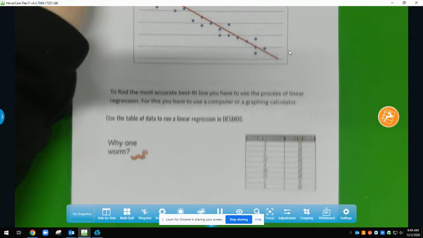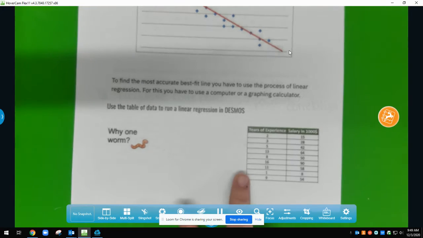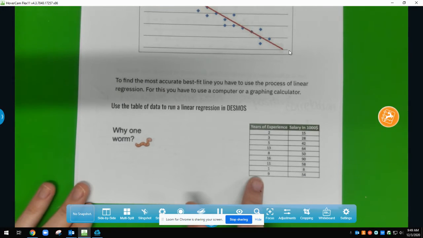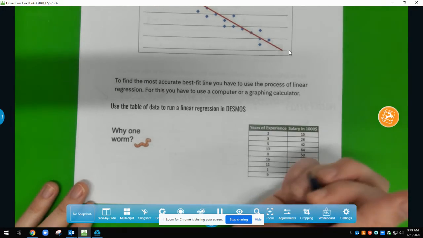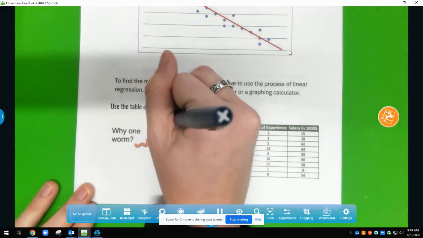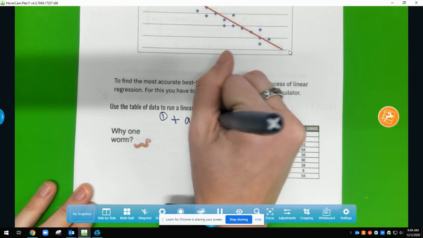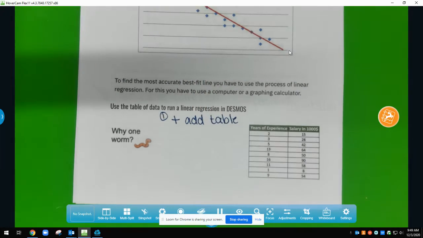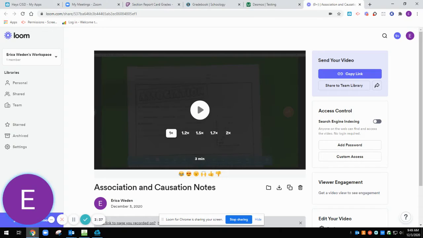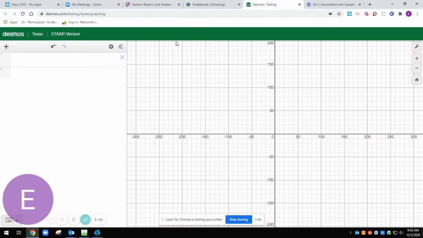So what we're going to do is first we're going to need to input this data into Desmos. So step 1, you're going to click the plus sign to add a table. Okay, so we are going to come over here. We're going to click the plus sign to add the table. Notice it says X1 and Y1 above the top.